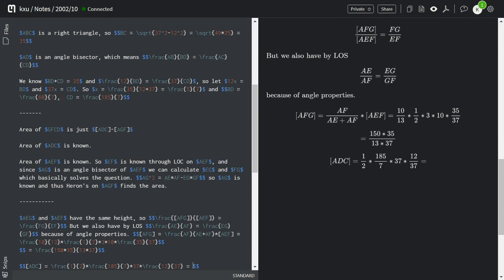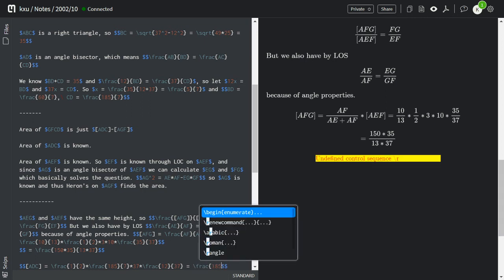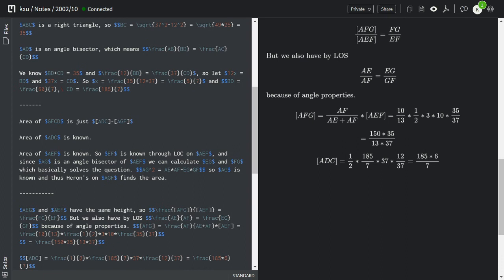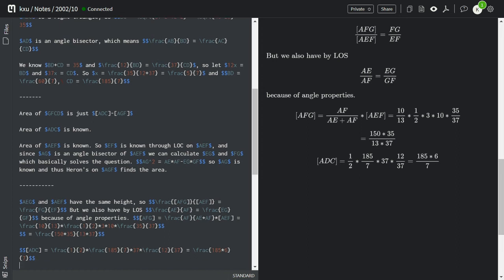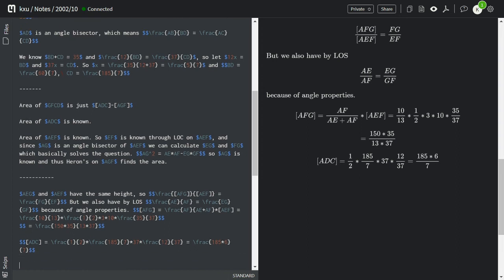So we get 185 times 6 over 7. Okay. And we can just do some calculations here. I really don't want to solve this, but I suppose it must be done.